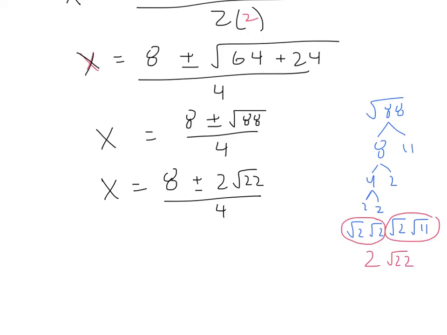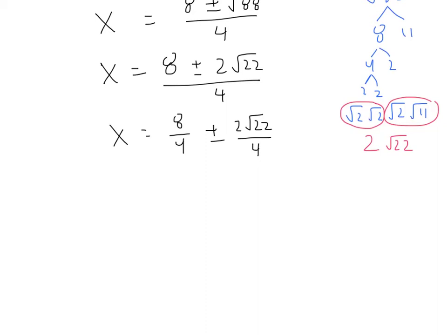And don't forget here, both the 8 and 2 radical 22 are being divided by 4. So this would be 8 being divided by 4 plus or minus 2 radical 22 being divided by 4. And the final answer here would be 2 plus or minus radical 22 divided by 2, because I can reduce this, dividing the top part by 2 and the bottom part by 2.